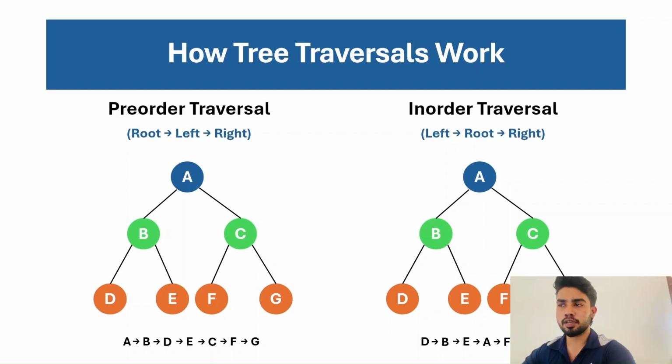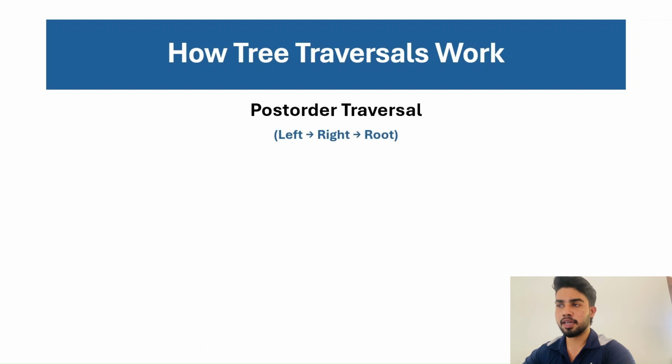Now I am going to look into post-order traversal. In this traversal, nodes are visited in the order left, right and root. First, we start from the left child of the left subtree.